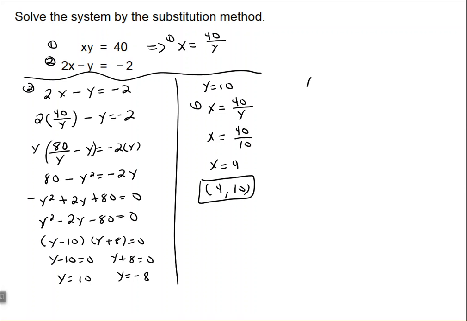Now how about when y equals negative 8? Then x equals negative 5.